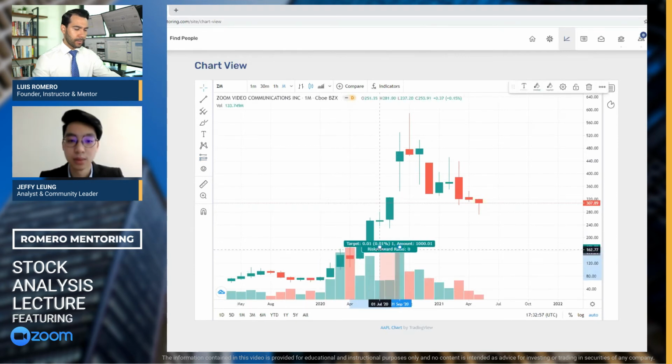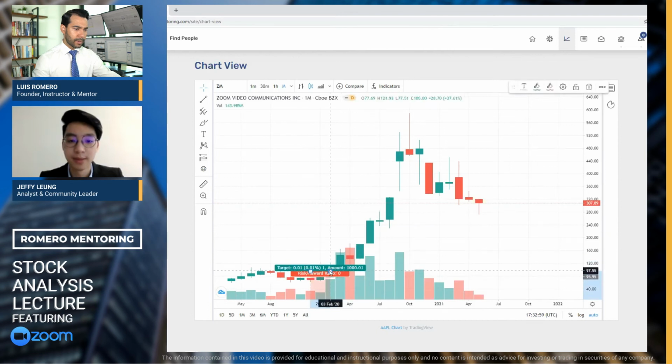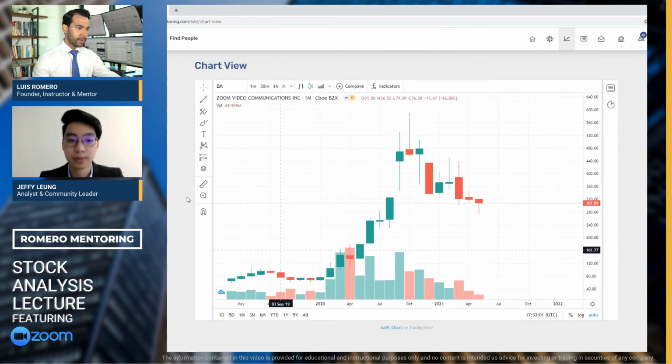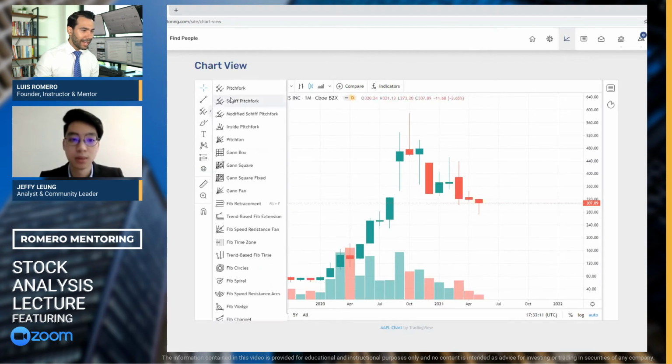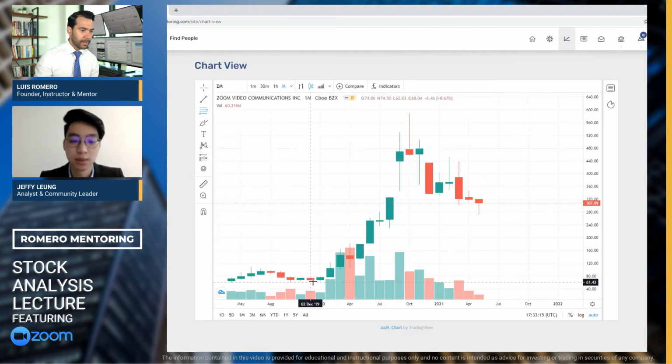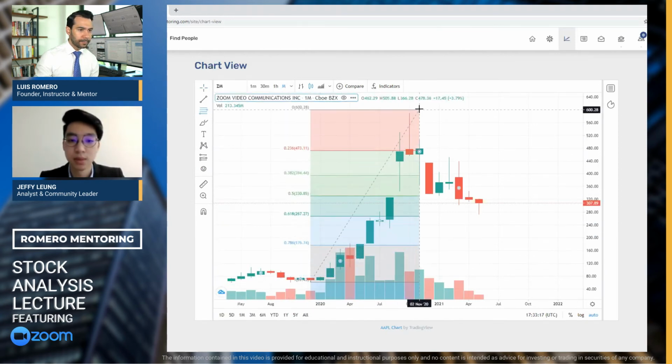I want to see from a Fibonacci retracement level if it's at the 50% retracement or even higher or less than that. Here it is. Okay, let's open this up.